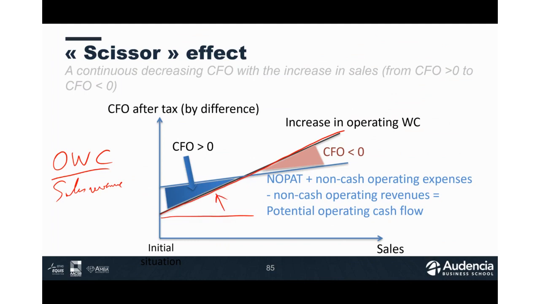And at the same time, you have a huge variable cost in percentage of the selling price. So unit variable cost in percentage of the selling price. So because of this, you have a small slope. So the blue line and the black lines are in function of two ratios, the operating working capital in function of the sales revenue, and the unit variable cost in function of the selling price.